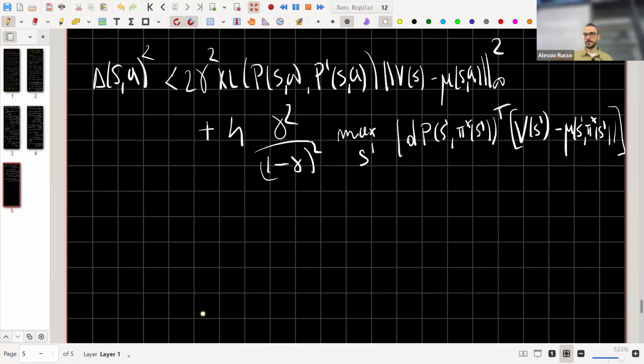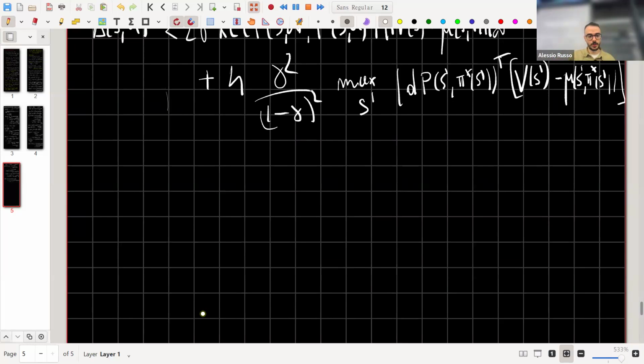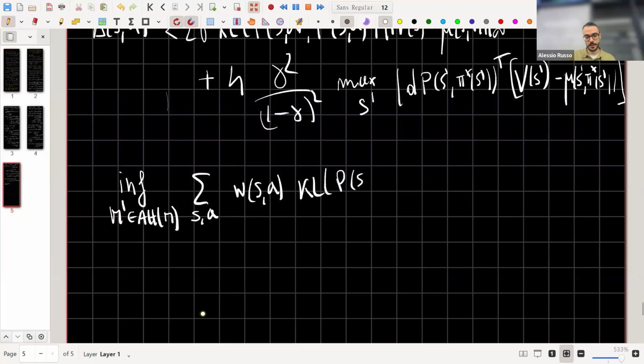Now let's go back to the problem that we had originally. So the original problem was infimum over alternative models, sum over SA of W SA times KL of P SA, P prime SA.